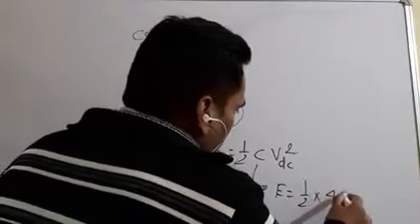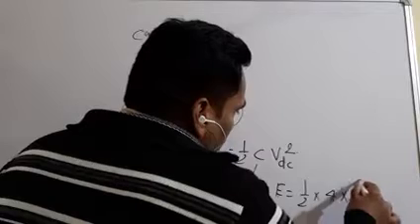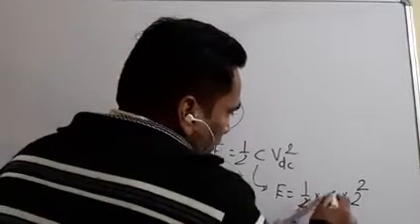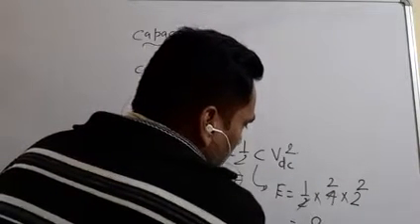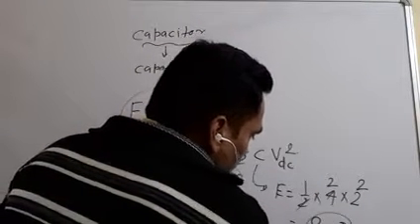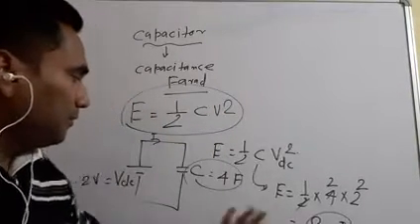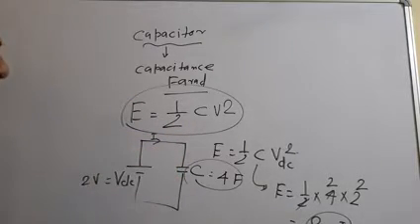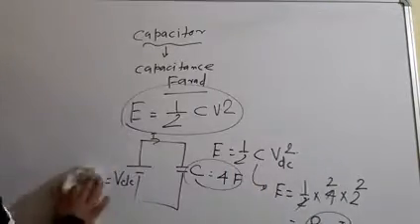Okay, then 4, and what is the value of V_DC? This is 2 square. Then it will come to 8 joule. So 8 joule is the energy stored in this capacitor. Okay, so a capacitor finally stores energy in a static form.